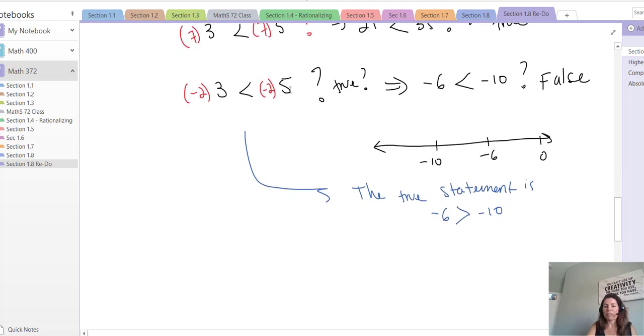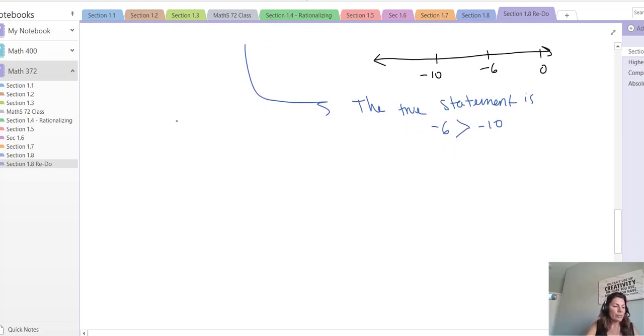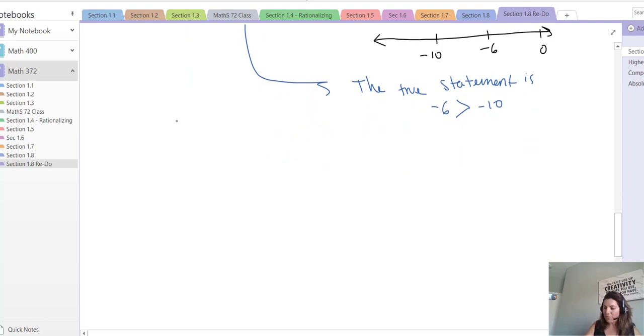So in order for it to remain true, we have to flip the sign. When you multiply by a negative, what was the larger number before becomes the smaller number. So that's why we switch the inequality.